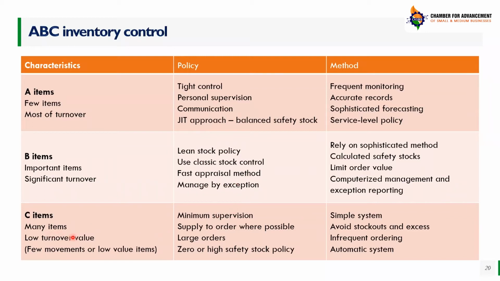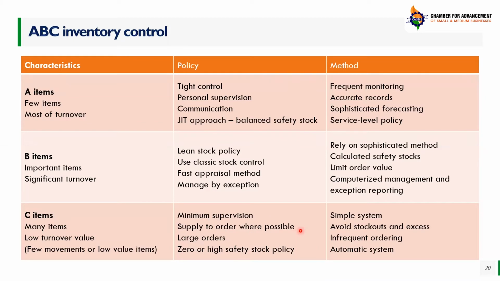Then class C items: there can be many items, with low turnover value, and that's why minimum supervision is needed, because not much cost is associated with the sales of those items. Supply to order where possible, meaning whenever there is an order, we'll supply it.